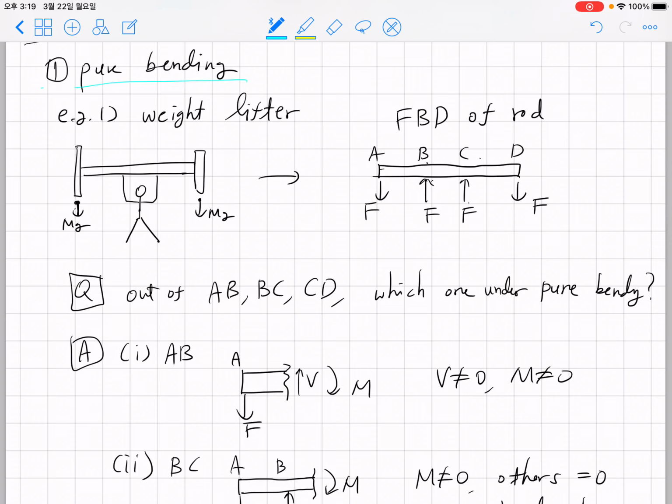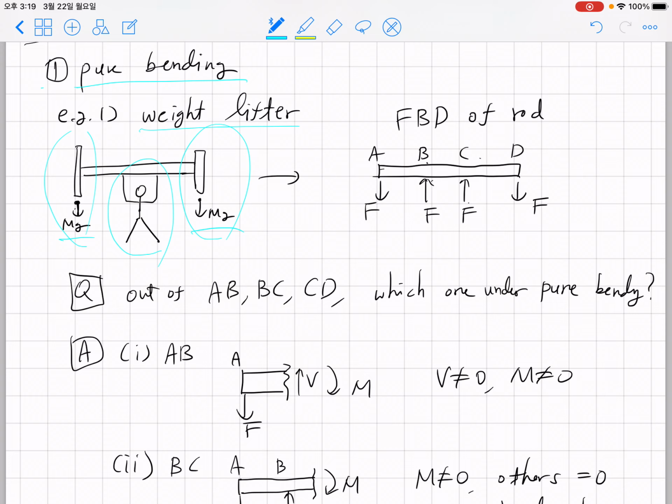So one of the examples I want to bring up is the weightlifter. Okay, so when you watch Olympic games, like the summer Olympic games, you sometimes see weightlifting games. Here there is a man or a woman, and you're going to have a huge mass here, which gives rise to a large gravitational force mg.